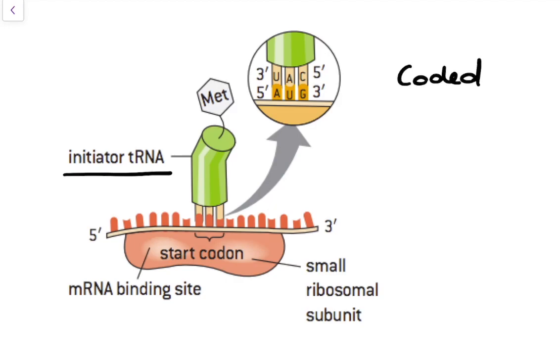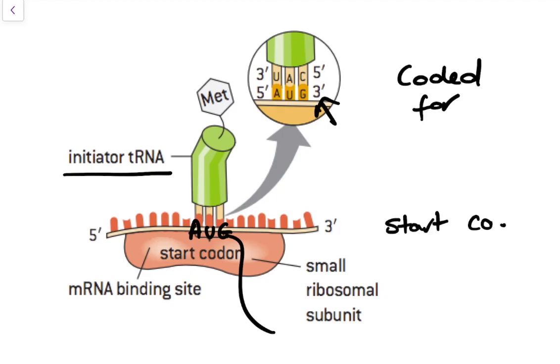So what it's coded for, what do we mean by that? Well, the mRNA, if we zoomed in on it, had A, U, and G. And AUG is the start codon. So what is a codon? A codon is 3 bases.